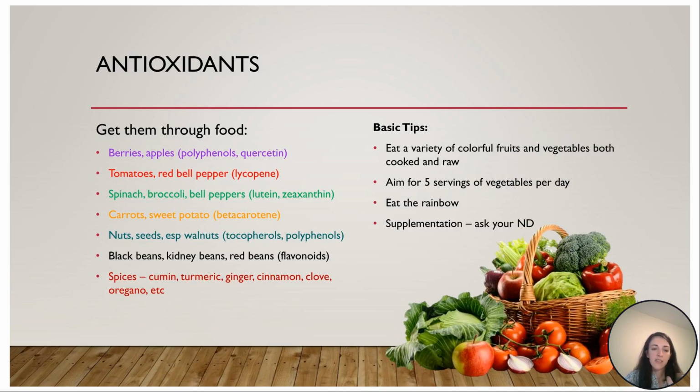Lutein and zeaxanthin are higher in spinach, broccoli, and bell peppers, et cetera. So eat a wide variety, and eat plenty of them. Five servings is kind of a lot for some people, but I think it's a great goal to have. And in some cases, we supplement, especially if certain conditions might respond really well to certain antioxidants.